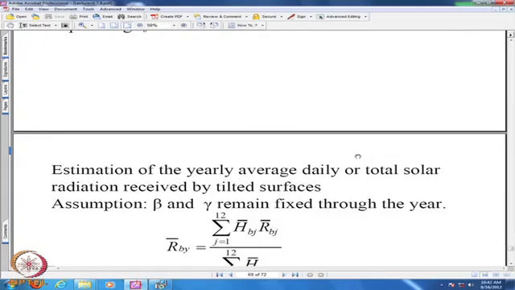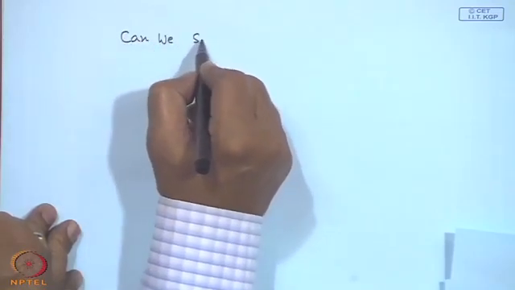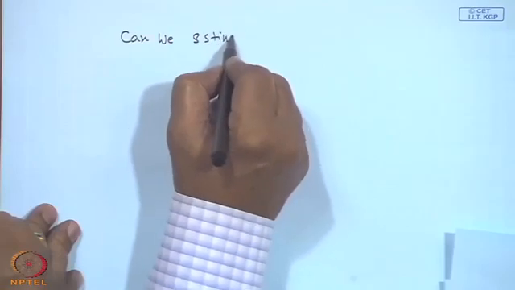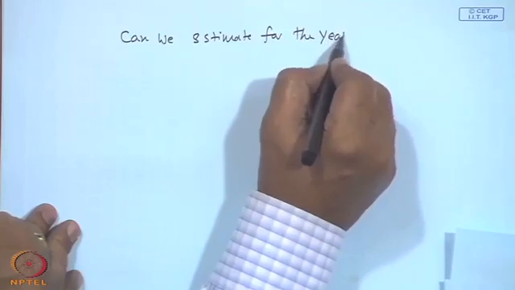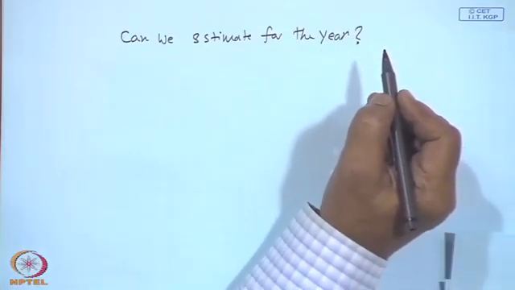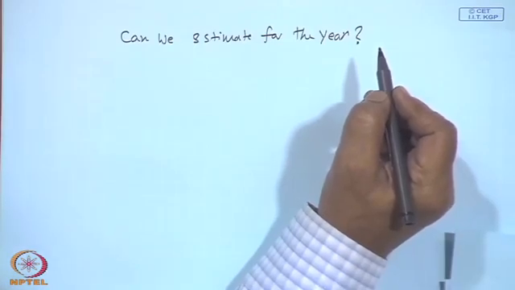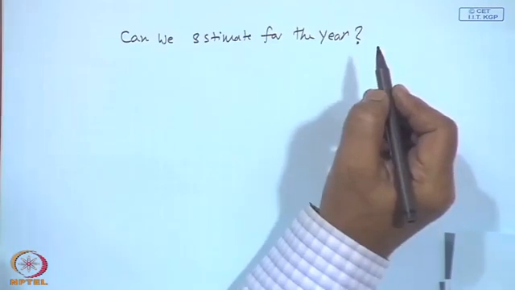Now, somebody can be a little greedy. Can we estimate for the year? In other words, we can always estimate, given the data and given a computer, 365 into 12 or even technically 24 hours calculations, or 365 daily calculations, or at least 12 monthly calculations.